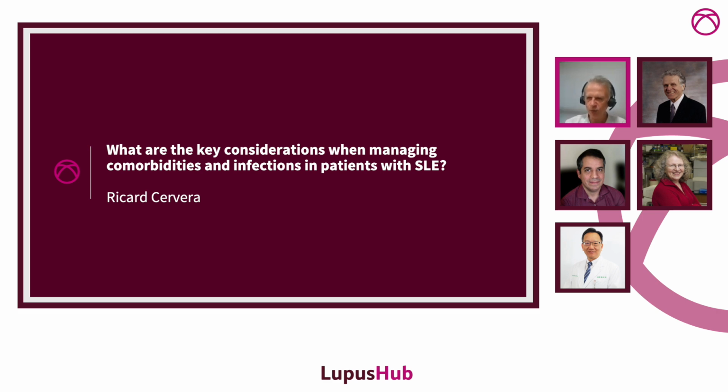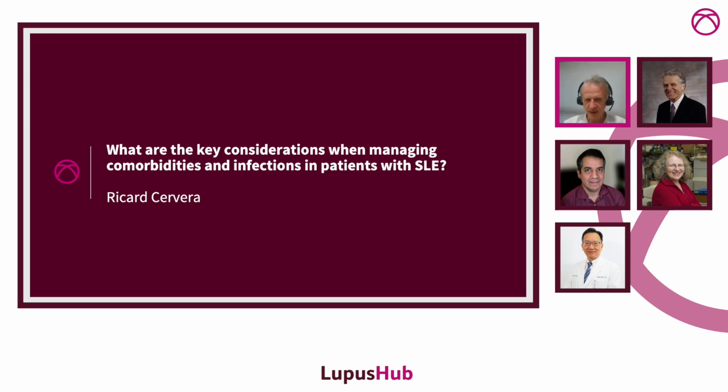And organ damage in lupus depends not only on disease activity, not only the inflammatory manifestations due to lupus, but also the side effects of the drugs that we are using for its management, and last but not least, the comorbidities that accompany patients with lupus. I think it's important to devote some time to discuss these comorbidities and their important role in organ damage in patients with lupus.